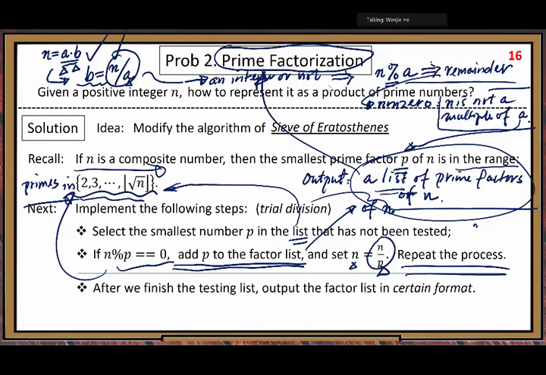After we finish the testing, I'll put the factor list in a certain format. Why a certain format? Because if different people use different formats, it's hard to do comparisons, right?